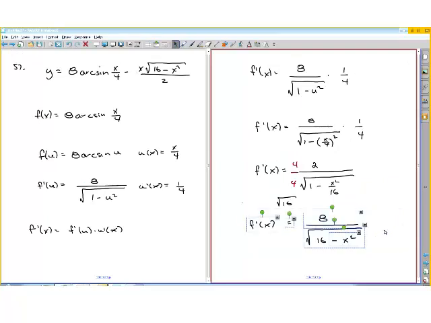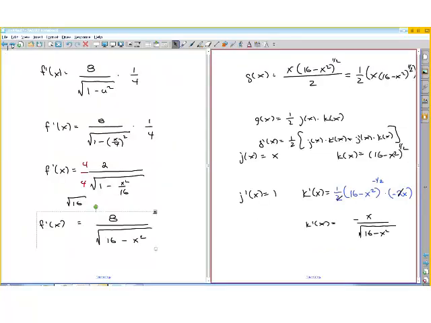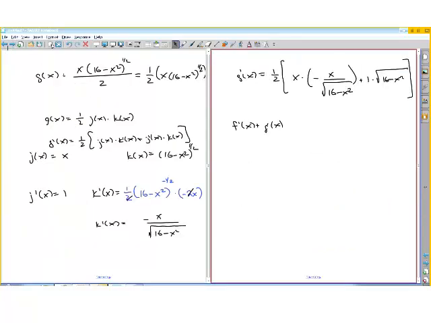Let me copy what we have, group it together, and put it on a new page. There's f prime of x, a bit smaller, and then we have g prime of x. We already have that up there. Hopefully what we have is something that's going to work out here.